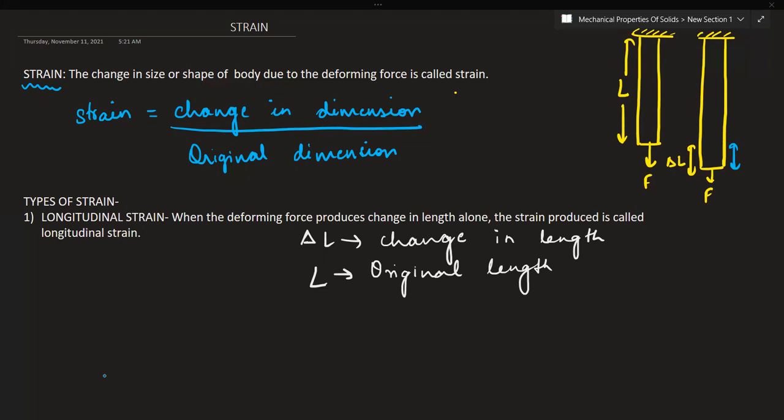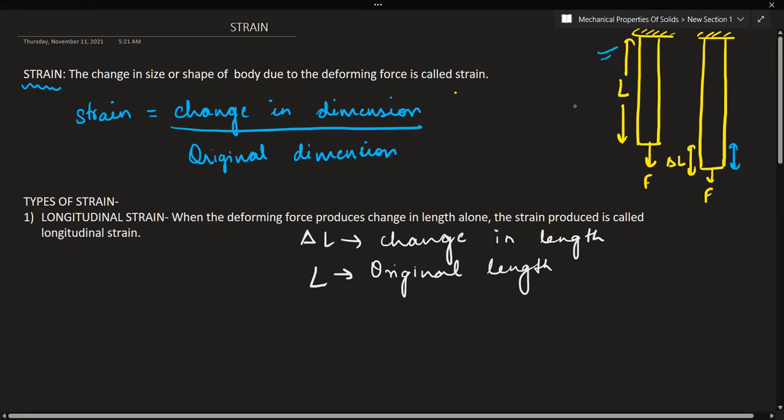Like for example, let's say the dimension here is length. Let's consider this example only. So the change in length by the original length would have no unit. So it would be unitless. One is a constant number, one is not a unit.